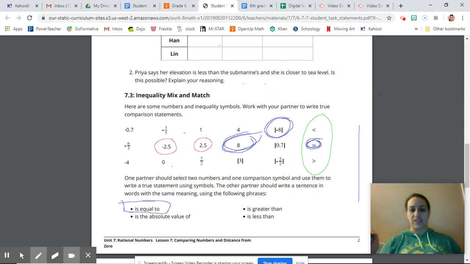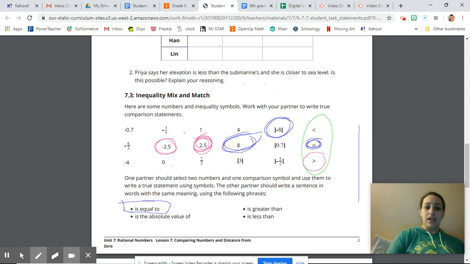There's no absolute value symbols here, so we're just talking about, if I think money, that's always what sticks in my head. -2.5, well, if I owe somebody $2.50, or if I have $2.50, it is better to have the money than to owe the money. So I would say 2.5 is greater than -2.5. So positive 2.5 is greater than, symbols opening toward the bigger thing, if I wrote that number first, -2.5 would be my sentence.